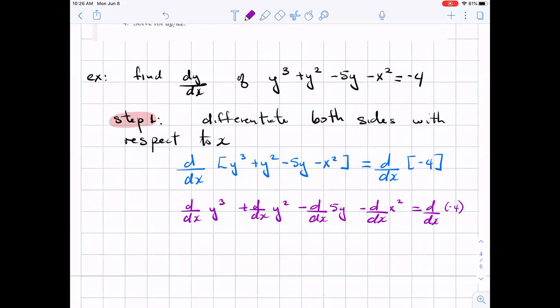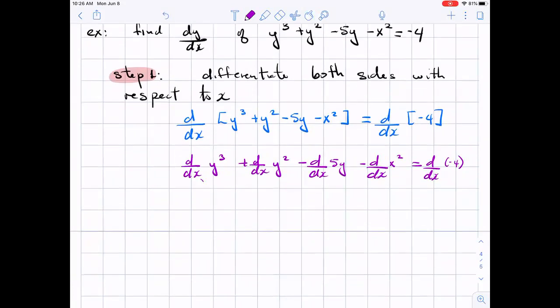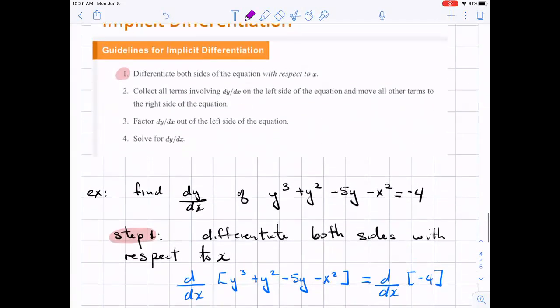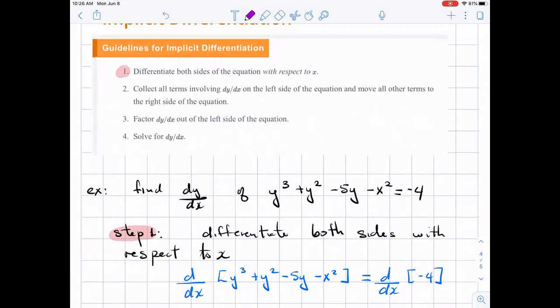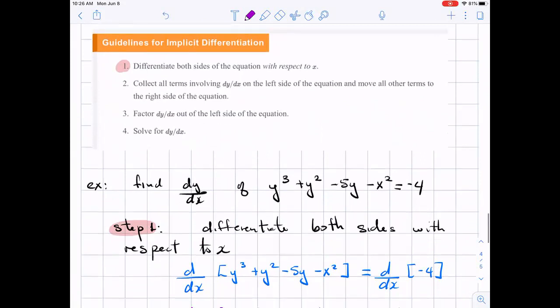Okay, so here, once the variable doesn't match, that's when we will start to differentiate. And so we didn't quite move to step 2 yet.